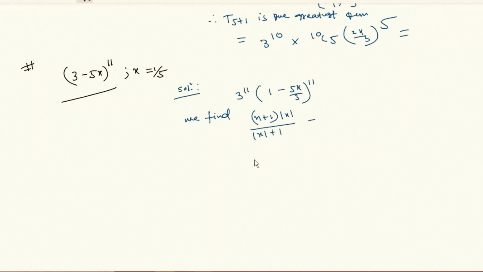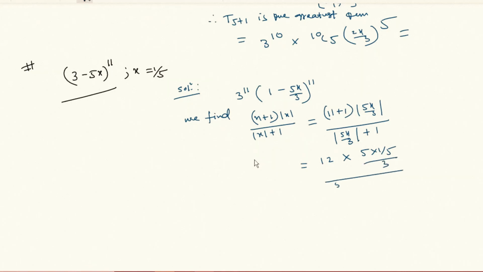That n is going to be what? N is 11. So 11 plus 1 mod this by 5x by 3 plus 1, 12 into this plus 1.